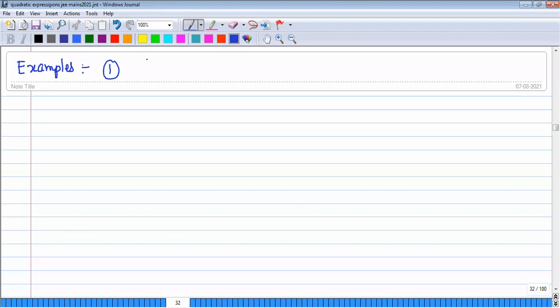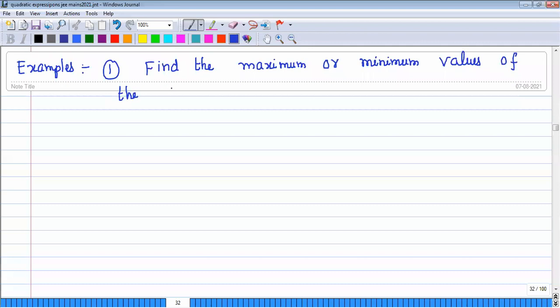First example: find the maximum or minimum values of the following expressions over R, the real number system.